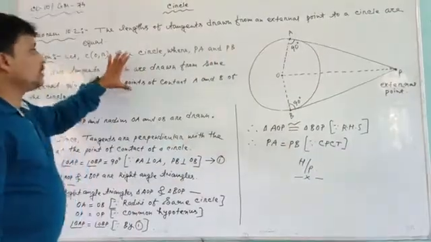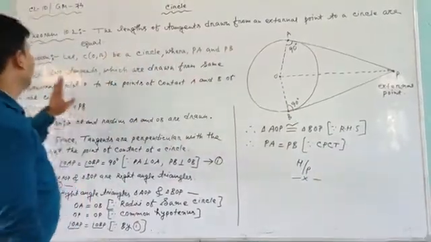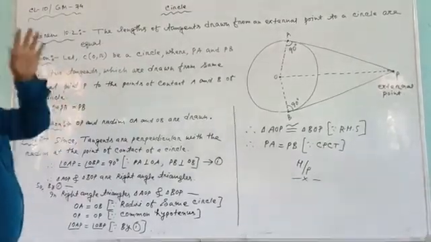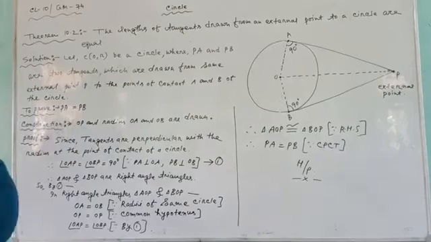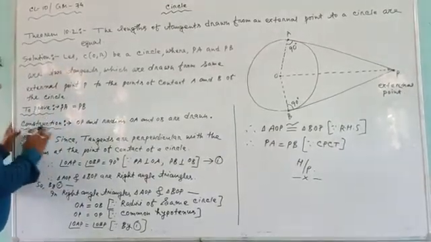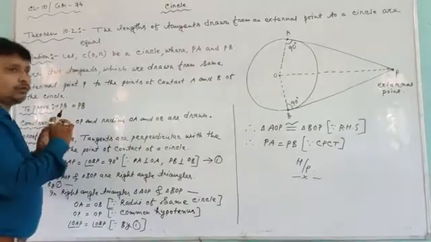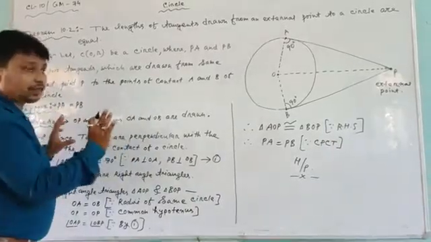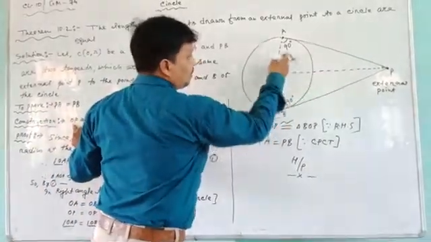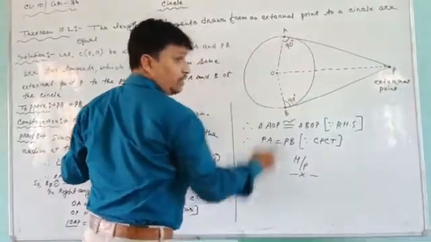So mention here: we have drawn two tangents PA and PB to the circle from the external point P. So we need to prove PA equal to PB. So for that, under construction, something we need to take extra. That one is OP. We need to join OP, then radius OA and OB.